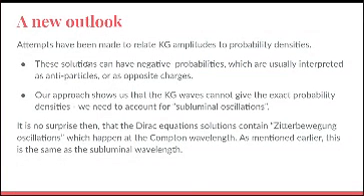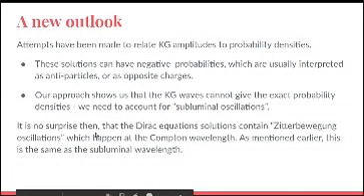The Klein-Gordon solutions can have negative probabilities, which are usually interpreted as anti-particles or as opposite charges. Our approach shows us that perhaps the Klein-Gordon waves cannot give the exact probability densities. We need to account for subluminal oscillations.